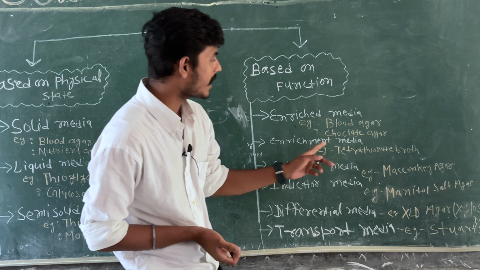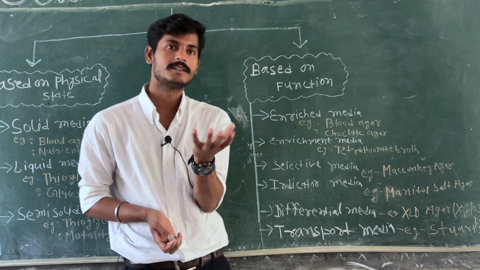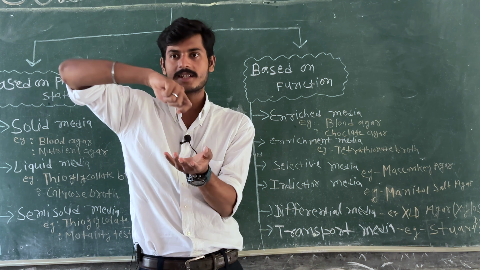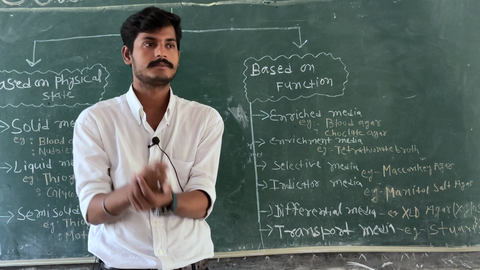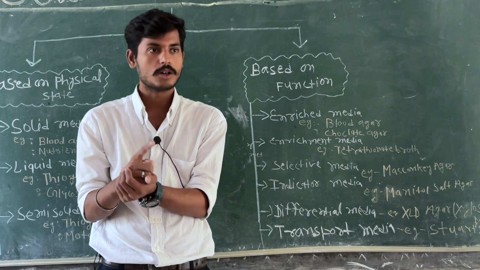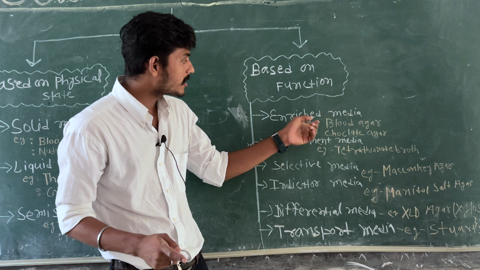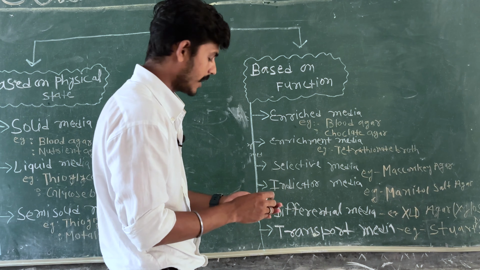Examples are blood agar and chocolate agar. What we are doing is taking a petri dish, putting the samples, and giving them sheep blood or horse blood. Because of the bacteria growing here, you can write down the examples.